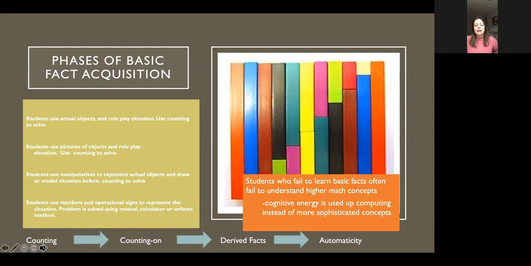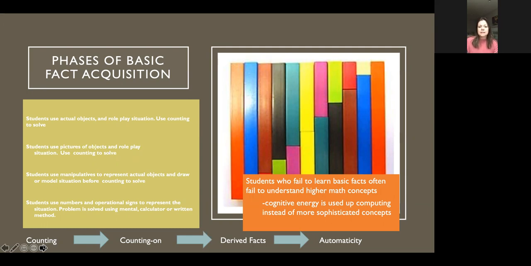We want that number sense in place. We want kids to know what those operations mean, and we want them to be flexibly and fluently playing with numbers to help them understand and quickly know what the basic facts are.